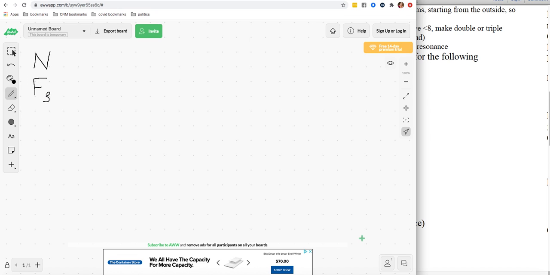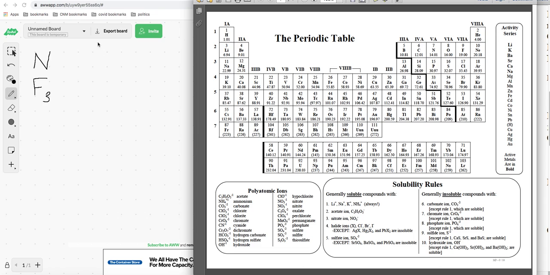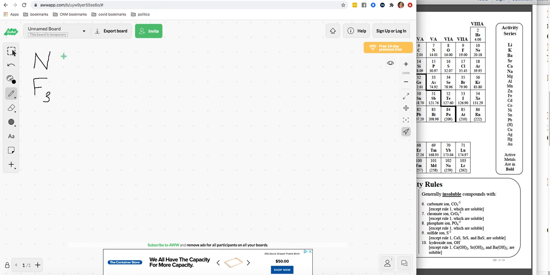We're going to check on the periodic table how many valence electrons we have for each of those. So nitrogen's here, it has 5. Fluorine is here, it has 7, but there are 3 of them, so 7 times 3.